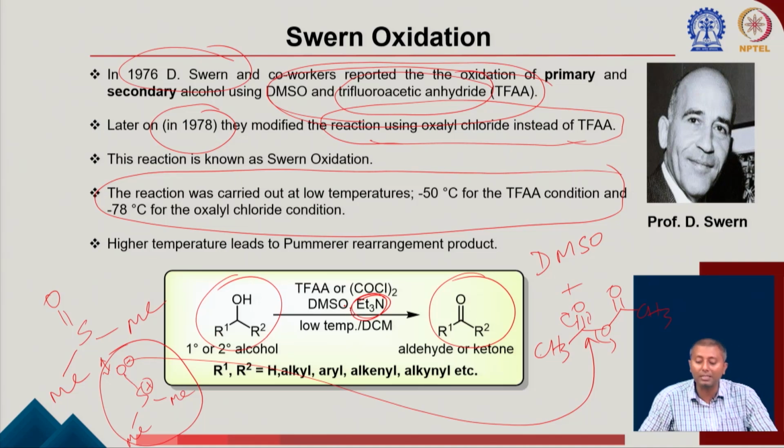Because when using oxalyl chloride you will get a Cl minus, which is going to take H from the alcohol to make HCl. So you need a base to quench the acid forming in the reaction. This is the beginning of the Swern oxidation reaction.